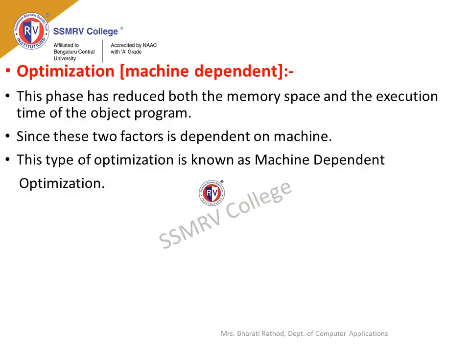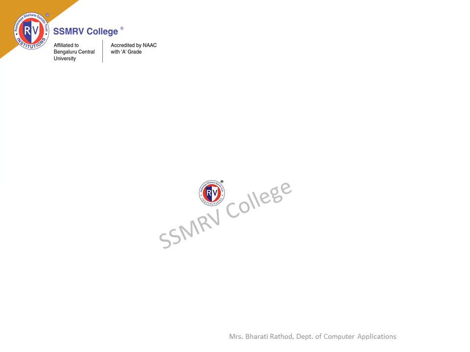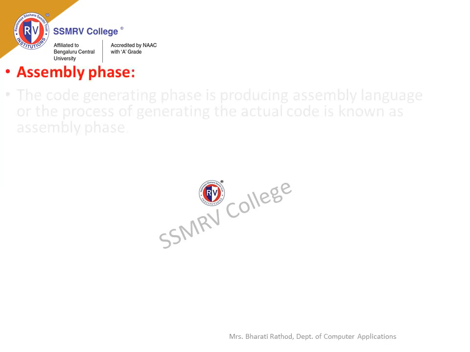Machine dependent optimization. This phase reduces both the memory space and the execution time of the object program. Since these two factors are dependent on the machine, this type of optimization is known as machine dependent optimization. Assembly phase.